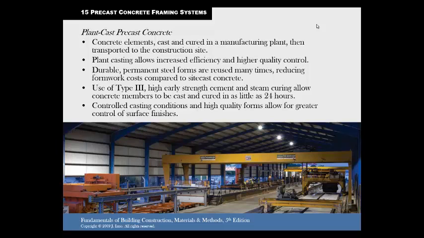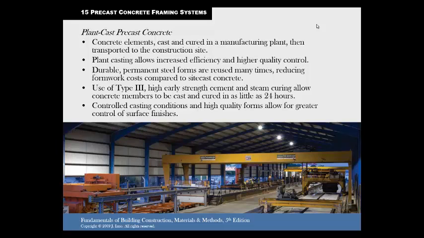Okay, but today we're going to move on to chapter 15, more concrete. Next time is roofing. So this is a precast concrete framing system. Precast meaning it's not cast in place. I think last time we studied where you pour the concrete in place. So there's plants where they do precast concrete, and there's advantages to that because you can control the circumstances much better, and you can probably create a more perfect product.